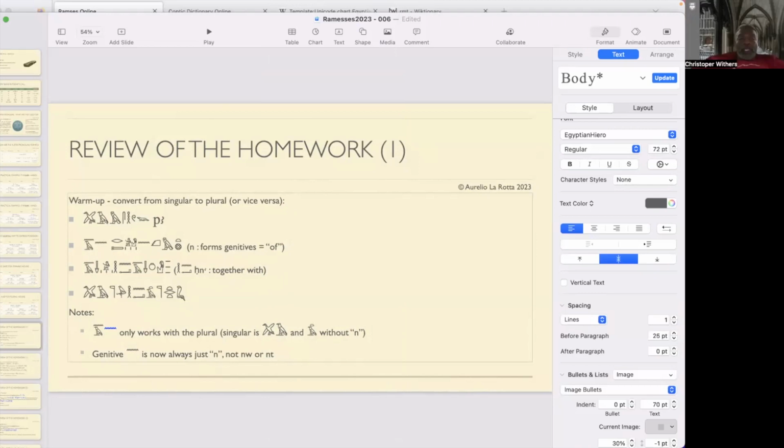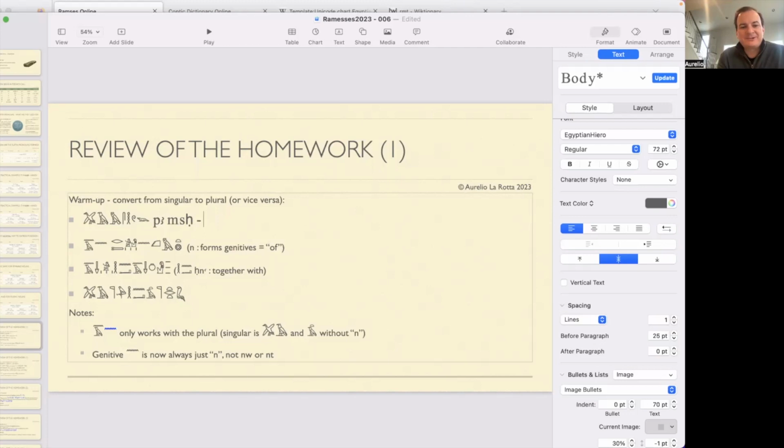P, capital A, M, S, capital H. That's right. H dot, either is fine. And if you want to write or not write the W, I left it out in this case because it doesn't have one in Middle Egyptian, just like you did. If you wrote it, I wouldn't say it's a mistake.